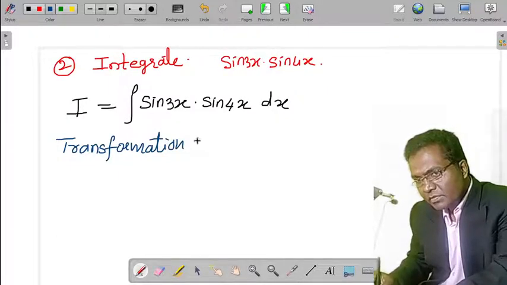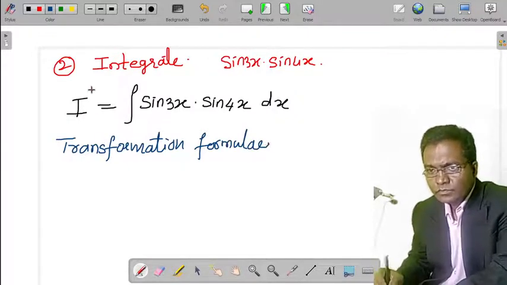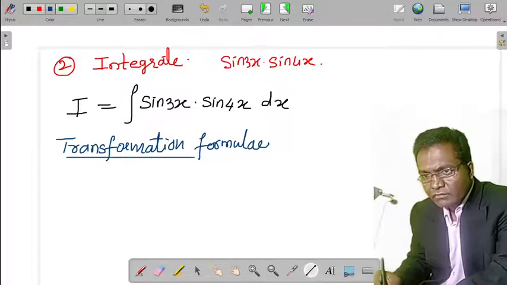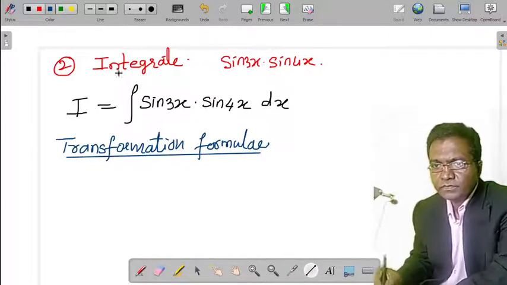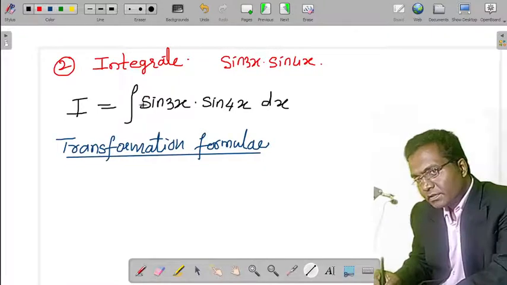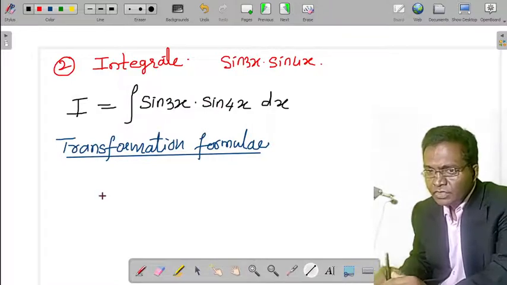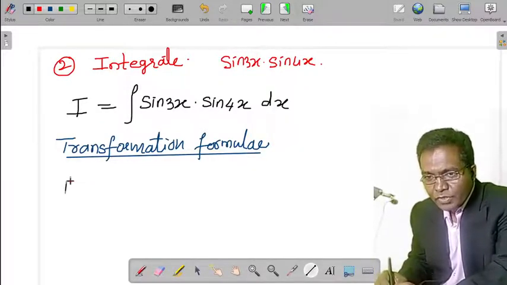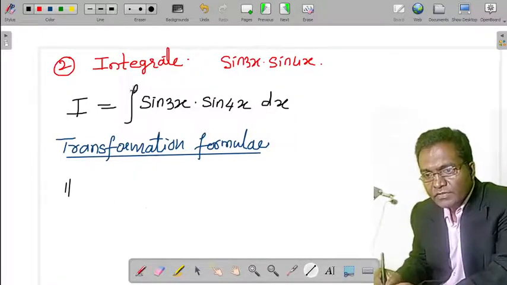Transformation formulae. These are used to convert product into sum. Under the integral sign, if you get a product of sine cos, sine sine, cos cos, you make them a sum. So please note down this.